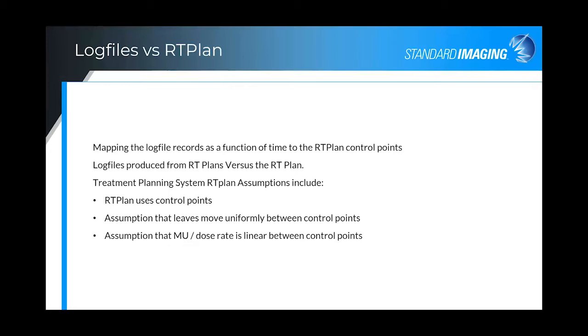So once you understand in general the information coming from the log files, the next step is to be able to map the log file record to the RTPlan control points. And this is easier or harder depending on the log file type.